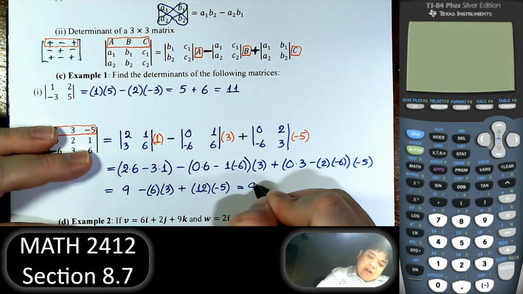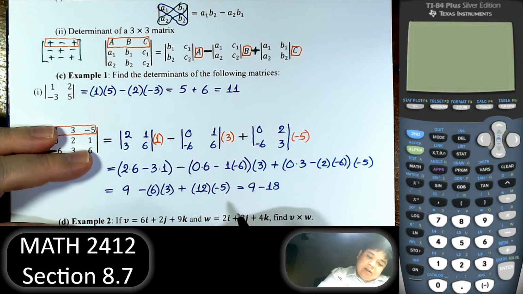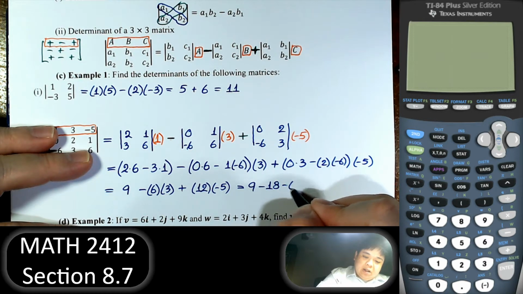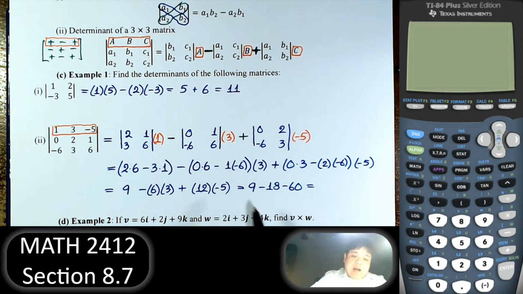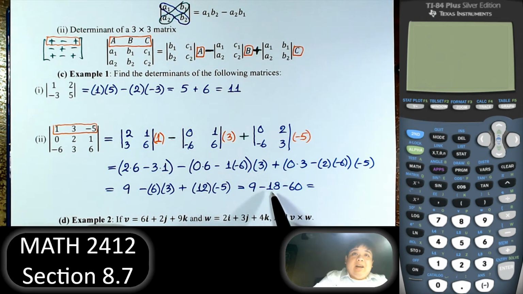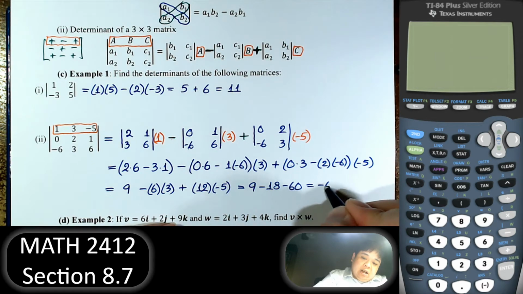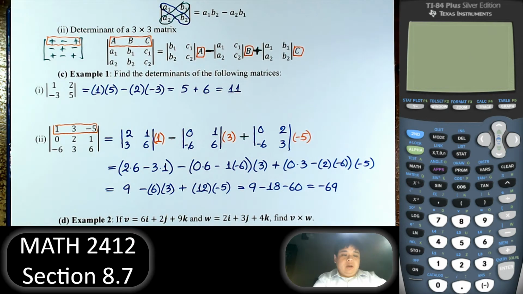So we have 9 minus 18 minus 60, and that is 9 minus 18 is -9, minus 60 is -69. Right, so that's what we have.